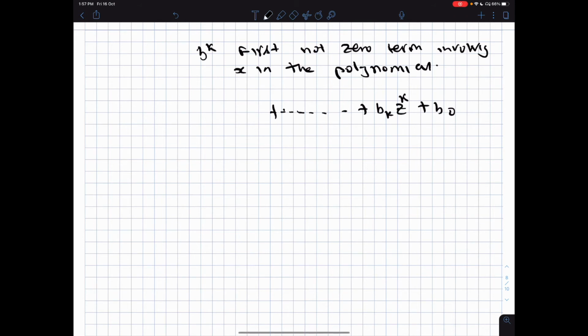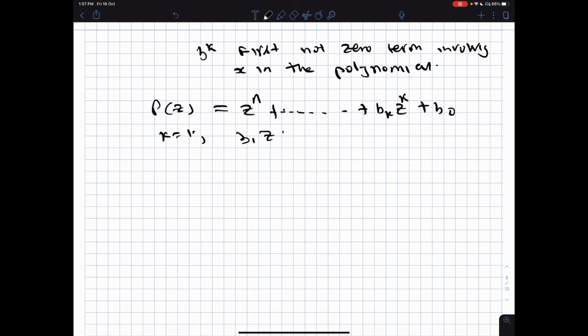I'm writing this in z, and the first term is z to the power n. This is my polynomial in z. So k could be 1, you could have that term as b1 z, or maybe b1 is 0, then it could be b2 z squared or whatever it is.